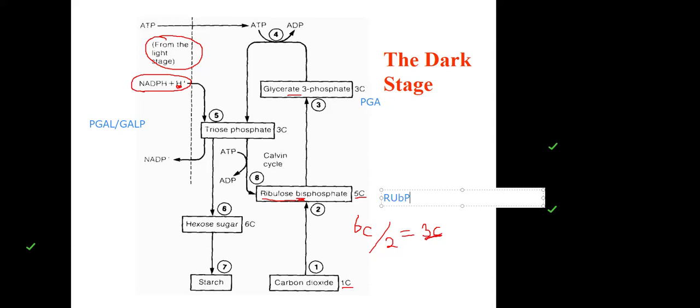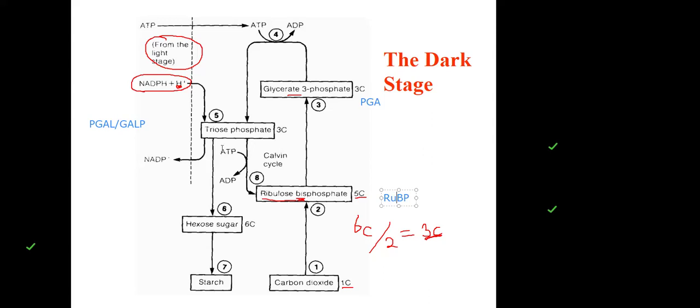These books often call it RUBIP for short. They call it RUBIP, which is ribulose bisphosphate. Of course, all these things are happening with the help of enzymes. Like here, there's an enzyme called ribulose bisphosphate carboxylase, because it helps in adding a carbon compound. So we call it a carboxylation reaction.